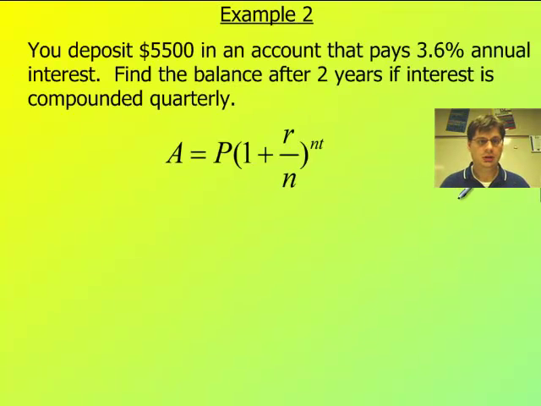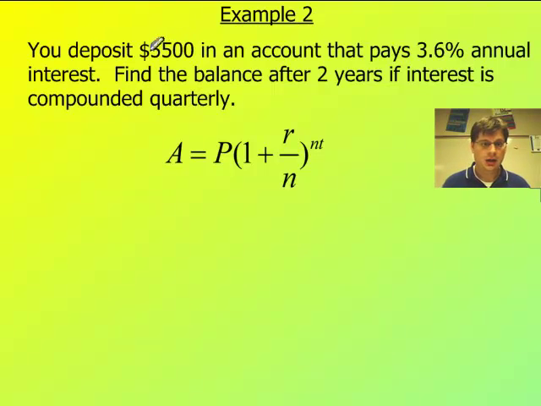Okay, so in this example, let's say you deposit $5,500 in an account that pays 3.6% annual interest. Find the balance after 2 years if interest is compounded quarterly. We're just going to be substituting these values into our variables.